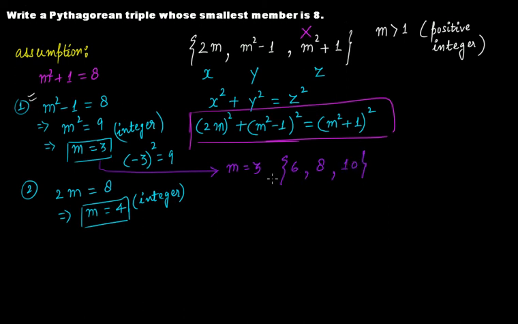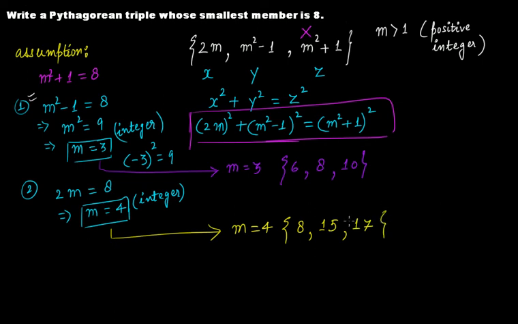So the value that you are getting here is 6, 8, 10. Now check for m is equal to 4. When you put m is equal to 4 here, you get 8. Then 4 squared is 16, minus 1 is 15, and 4 squared 16 plus 1 is 17.